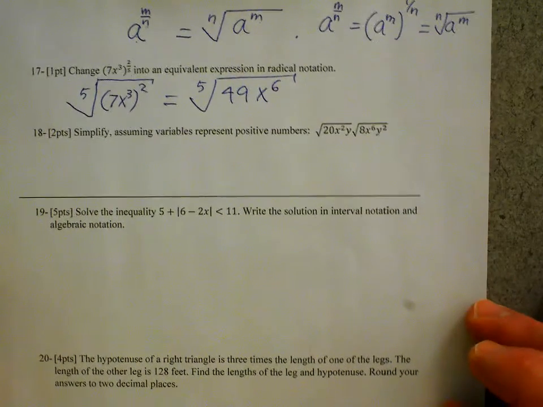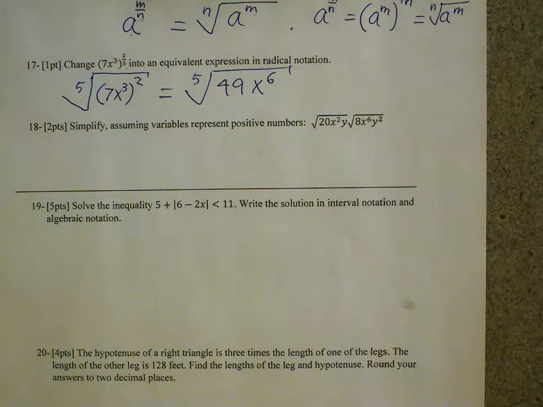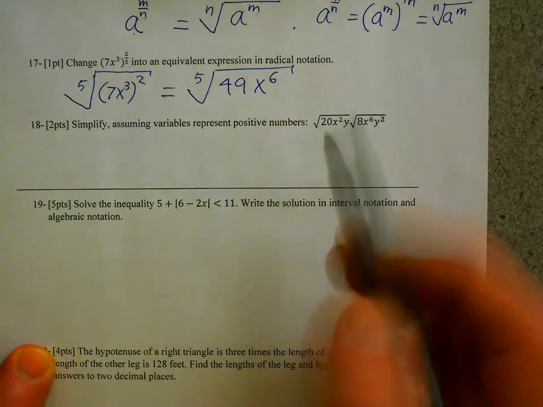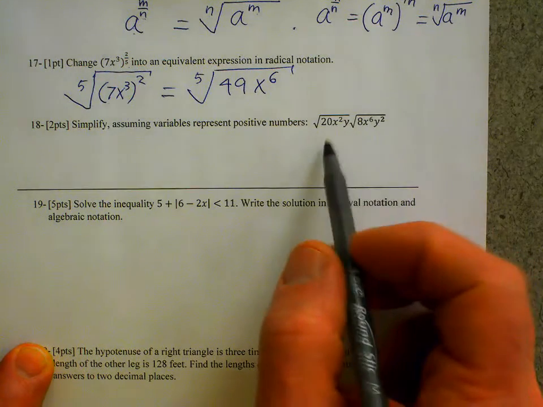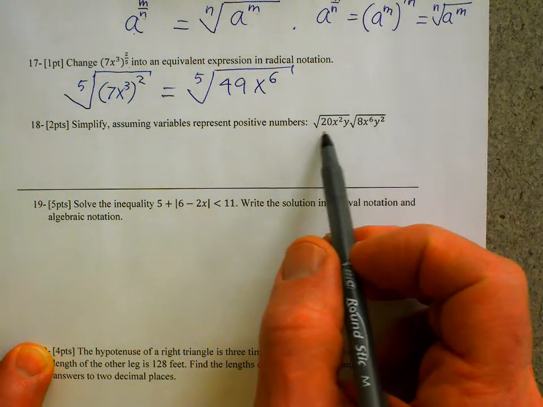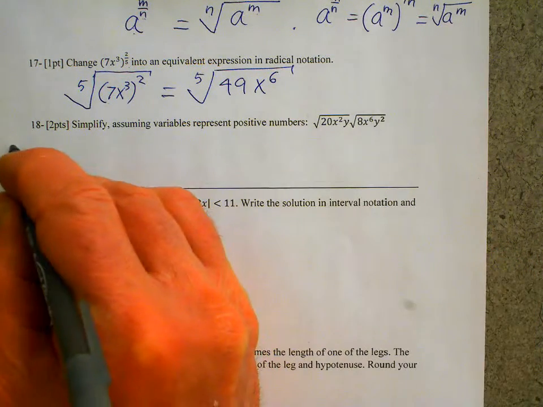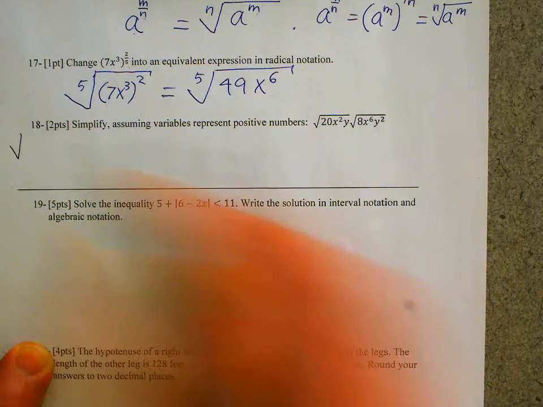We're on problem 18. This one says, simplify, assuming variables represent positive numbers. So we have the square root of 20x^2y times the square root of 8x^6y^2. My suggestion is first apply the product property of radicals and write this as a single square root by multiplying the radicands.